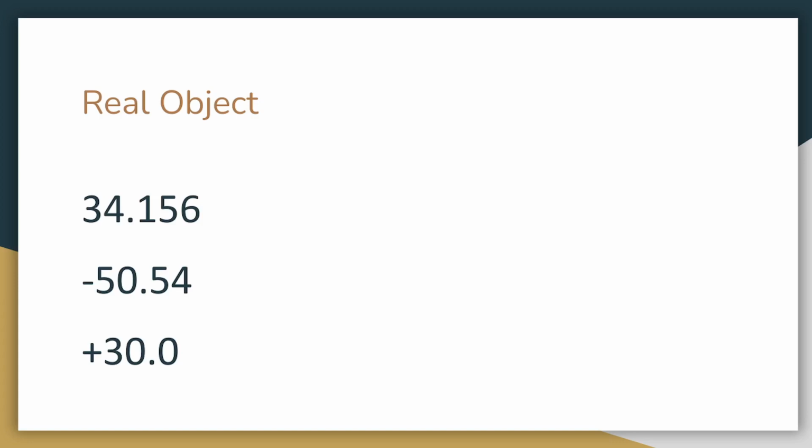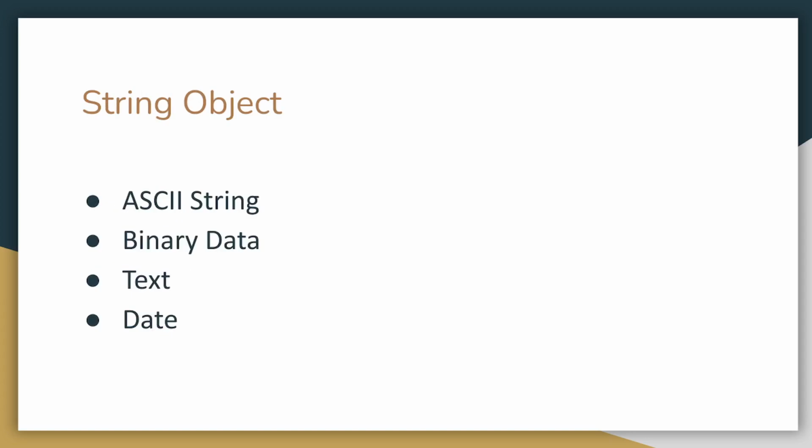If it is a positive real number, you can mention the positive sign or you can ignore it. But if it is a negative real number, you have to mention the negative sign. It's a requirement.